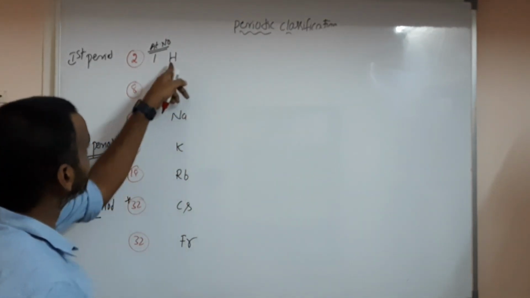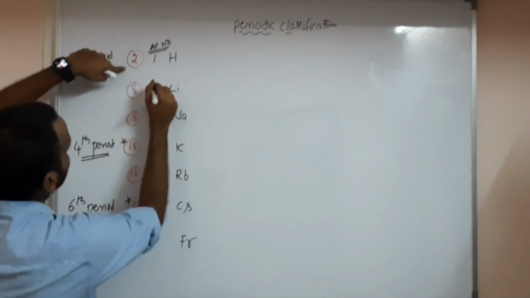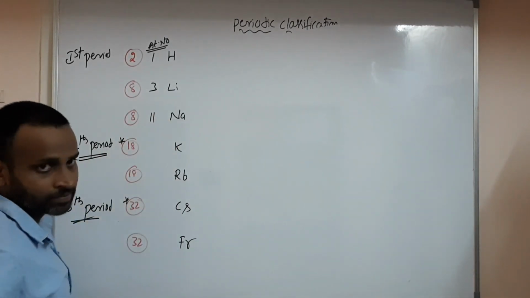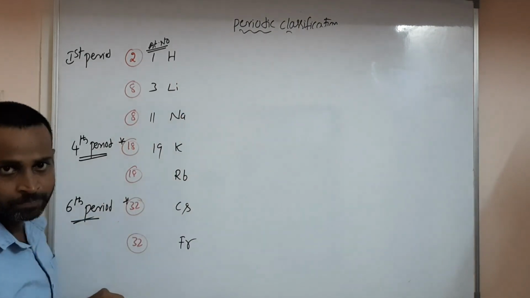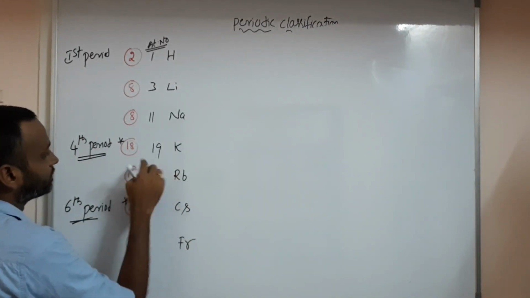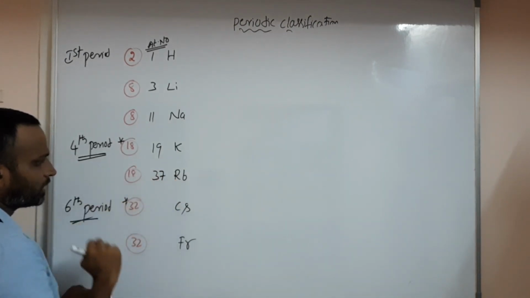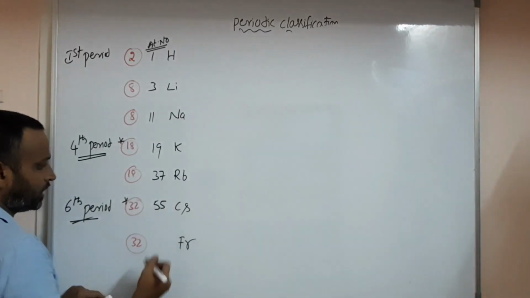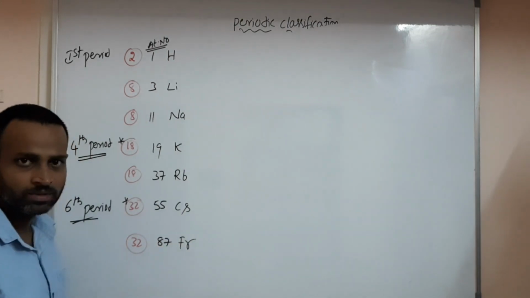Above lithium is hydrogen. So atomic number of lithium is 1 plus 2, 3. Then 3 plus 8, 11. 11 plus 8, 19. Here we only add the above. Understanding? 19 plus 18, 37. 37 plus 18, 55. 55 plus 32, 87 atomic numbers.